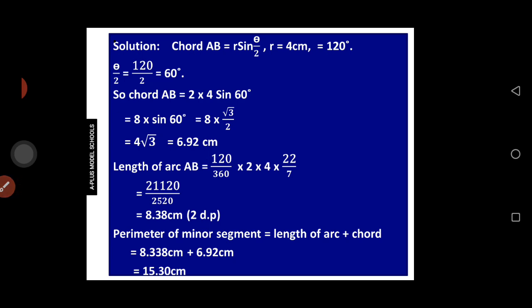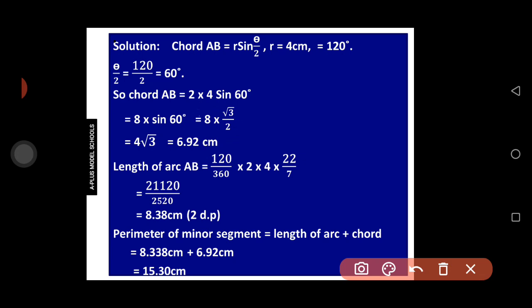And sine 60 degrees gives us root 3 over 2, applying the trigonometric ratio that we did in our last class. So 2 goes into 2 once, 2 goes into 8 four times, so I have 4 root 3. When you press 4 root 3 on your calculator, you have 6.92 centimeters. So that is for the chord.